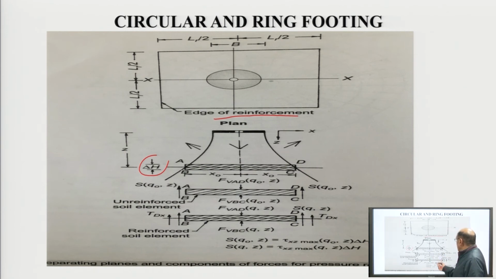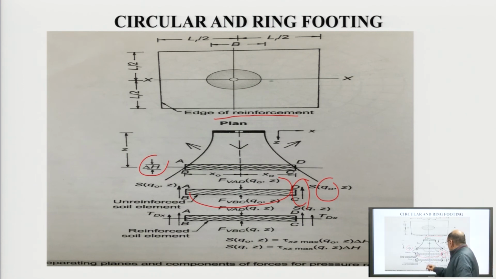So, here again in the same fashion FVD that depends upon q 0 z will act downward on this element, and FVBC that depends upon q 0 z will act upward, and shear force will act as q 0 z when the foundation is unreinforced soil.